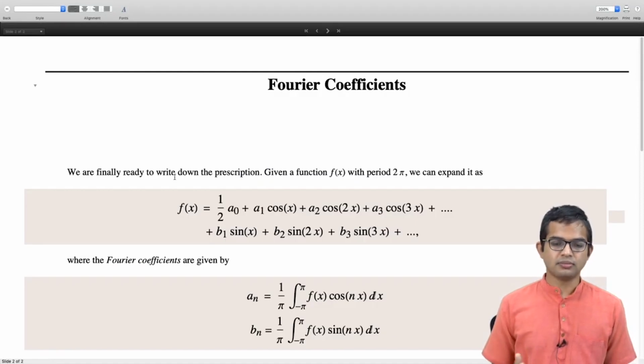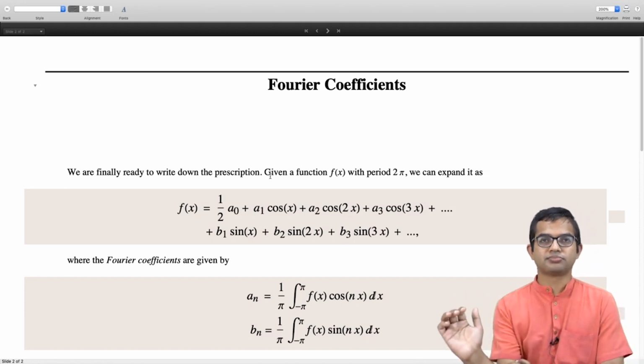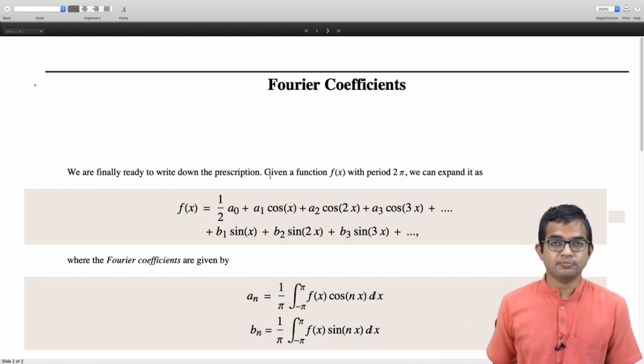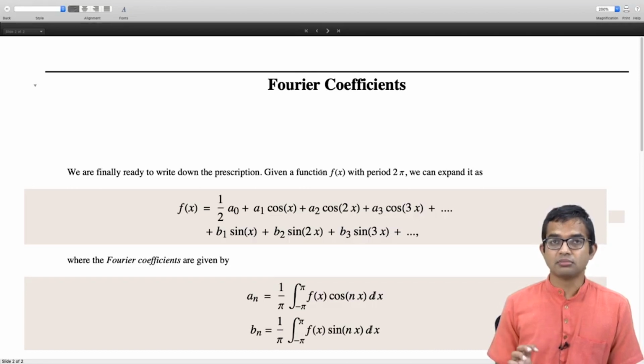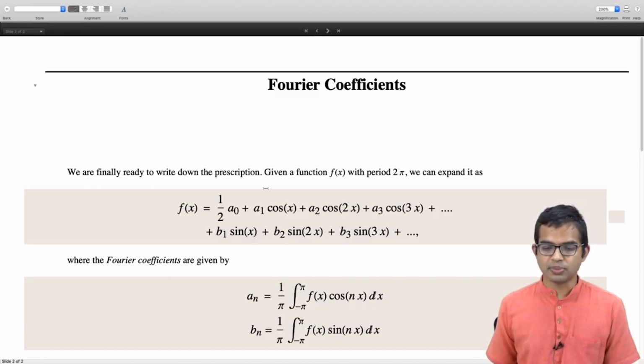Okay, so we are finally ready to write down the prescription. We have already written it down, but right now forget about the abstract perspective which we have already brought in. If you think of this as a function with period 2 pi, we can expand it in this manner, where the coefficients are given by this.